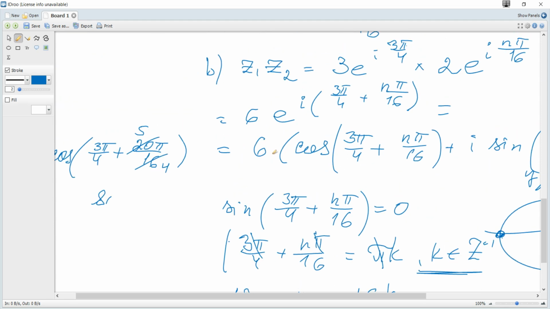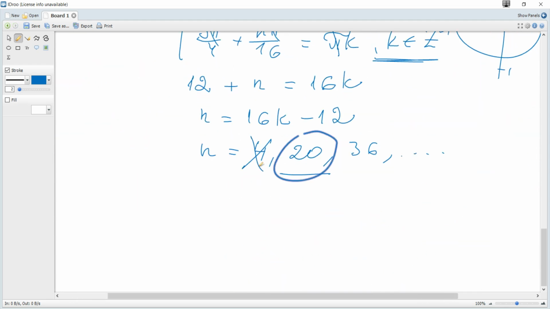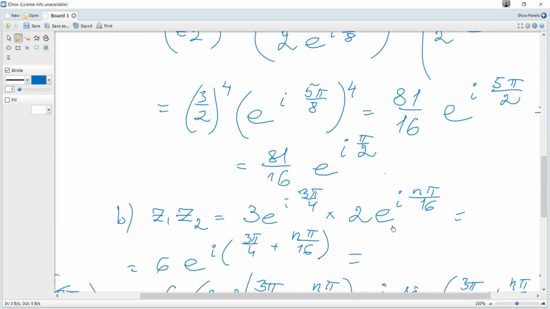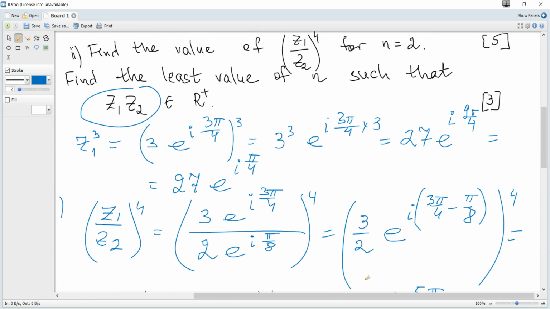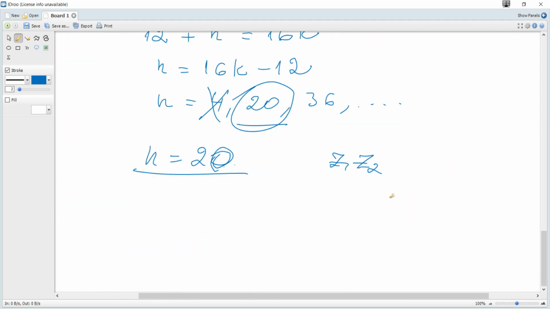Actually this complex number becomes just 6, but it's not required here, so the answer is 20. For n is 20, z1 times z2 is real and positive.